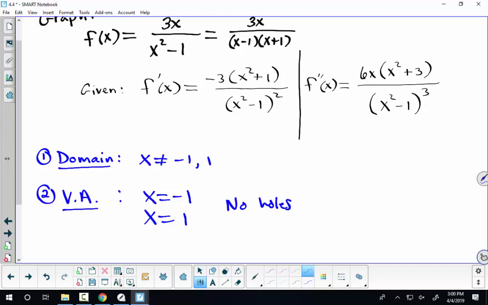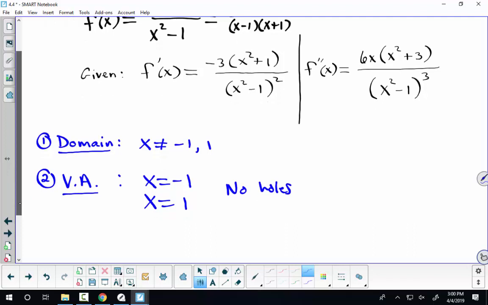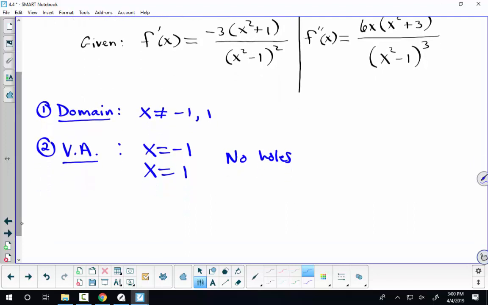How about the horizontal asymptote? Equal 0? Yeah. If you forgot the algebraic criteria for horizontal asymptotes, the calculus approach is to do what? How do we find a horizontal asymptote? Limit at infinity, right?